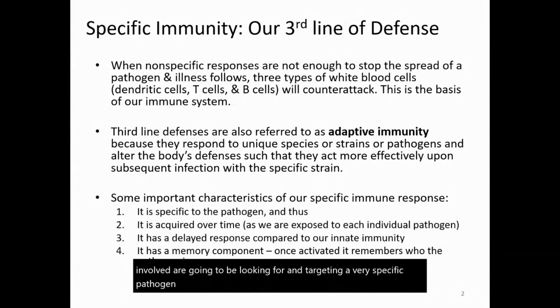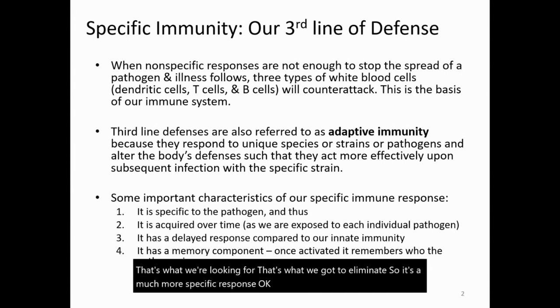Because how we respond to E. coli is going to be different from how we respond to Salmonella versus how we respond to Ebola, okay? So that's why this is called a specific response, because at this point, our immune system is like, uh-oh, E. coli got in, that's what we're looking for, that's what we've got to eliminate. So it's a much more specific response, okay?